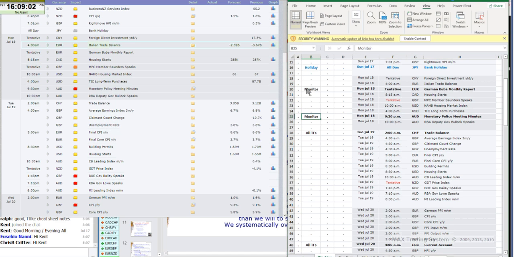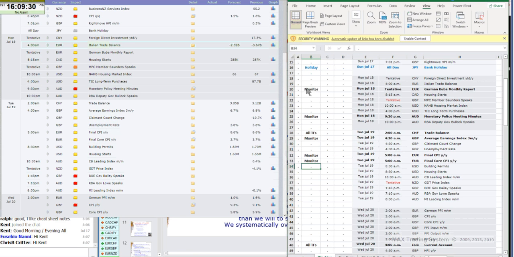Then on Tuesday, we will have the Swiss trade balance, all time frames. Then I will monitor the pound average earnings index, 3 months year over year. I will still monitor the final CPI and core CPI year over year for the euro, but simply monitor.